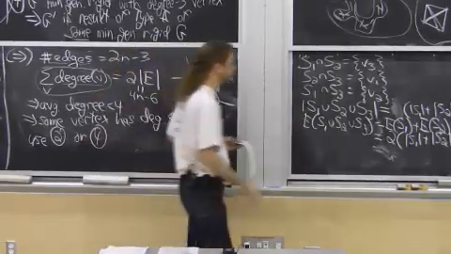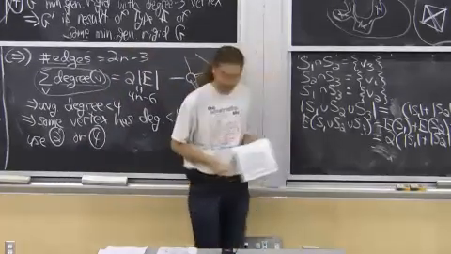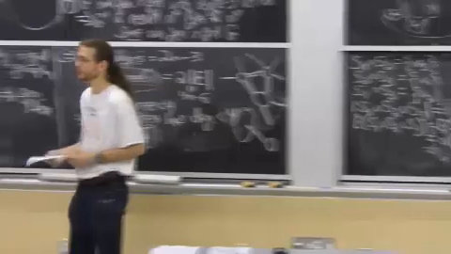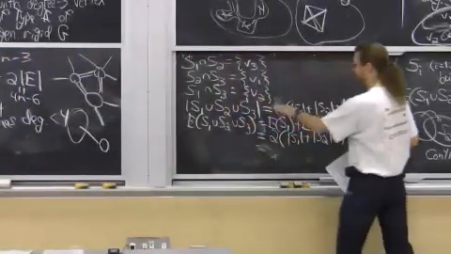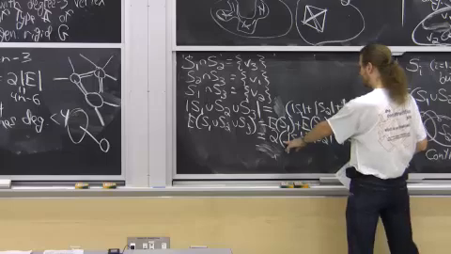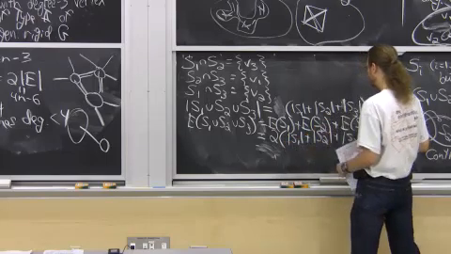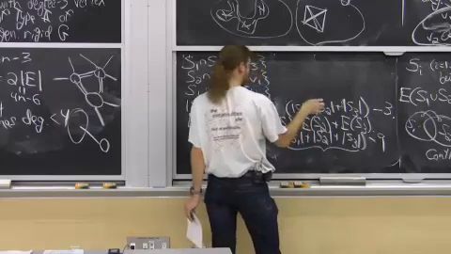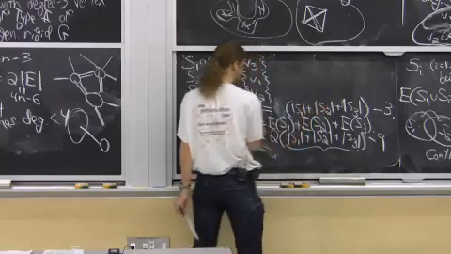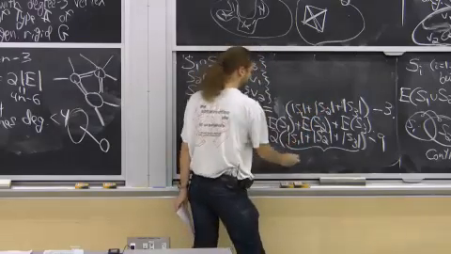There's a slight discrepancy between the 9 and the 3. But sorry, question? There's no 2 here. So here I'm counting vertices. Here I'm counting edges. So I get a 2 here. This thing is equal to this thing plus 3.